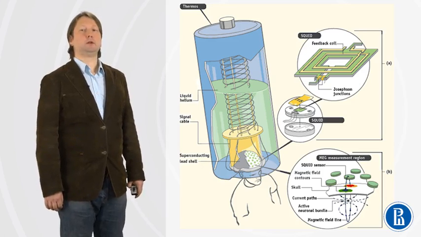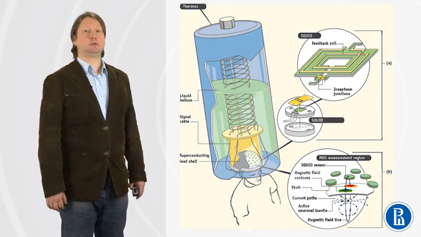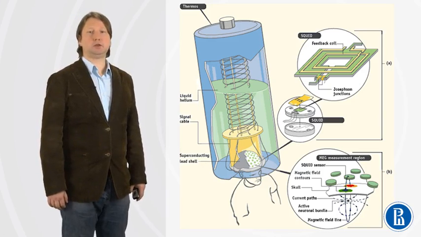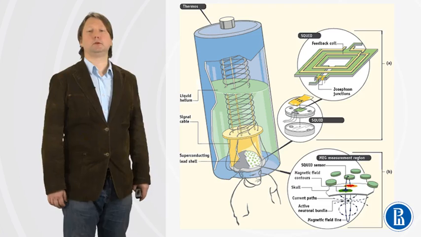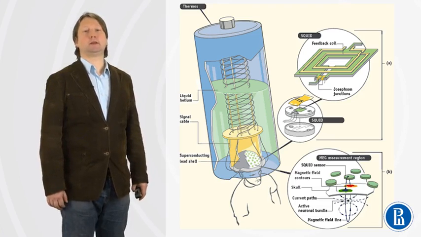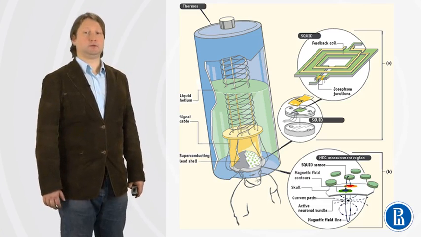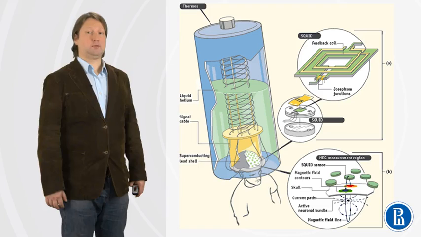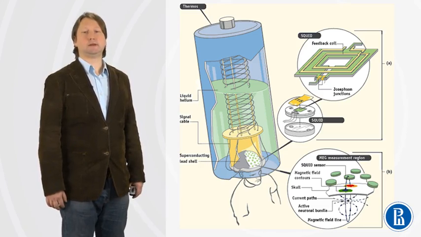We can also record activity of the brain using MEG, and MEG measures the magnetic fields produced by the active neurons, actually produced by the electrical activity of these neurons. And MEG uses extremely sensitive devices called superconducting quantum interference devices.